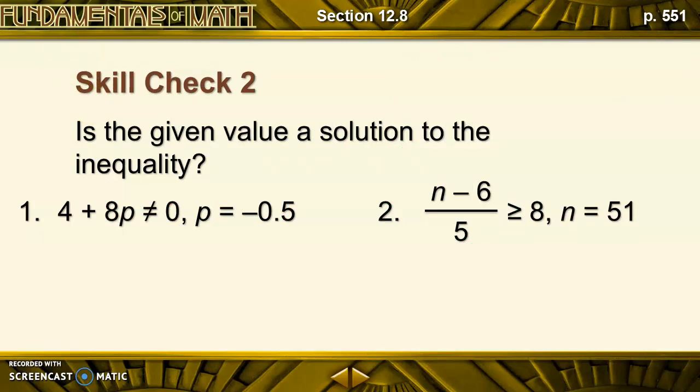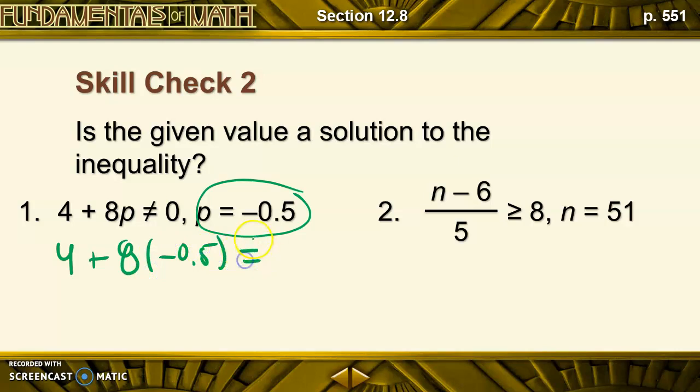just so we kind of get used to this. Let's just try one. They're asking if p is equal to negative 0.5. I plug it in. Is it true? So 4 plus 8 times negative 0.5 does not equal to 0. Is it true? Well, negative 0.5 is the same thing as negative 1/2.